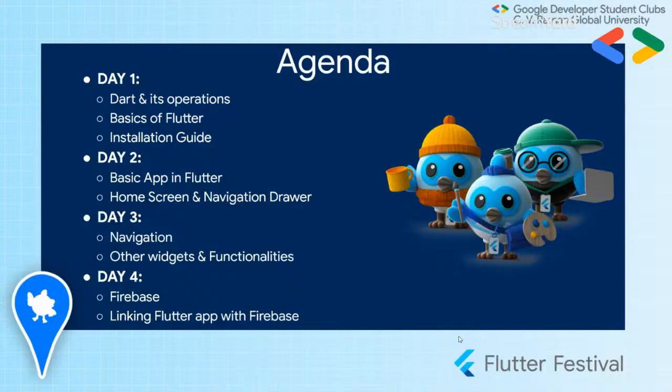Because in the further sessions, we'll be having a hands-on workshop for creating a basic Flutter app, and that app is going to have a main screen, that is home screen, navigation drawer, how to navigate with buttons to the second screen, other widgets and functionalities. So this is the agenda for day 2 and day 3, and in the final day we'll be linking a Flutter app with Firebase. So we'll get to know about Firebase as well, and a hands-on tutorial on how to link the Flutter app with Firebase.